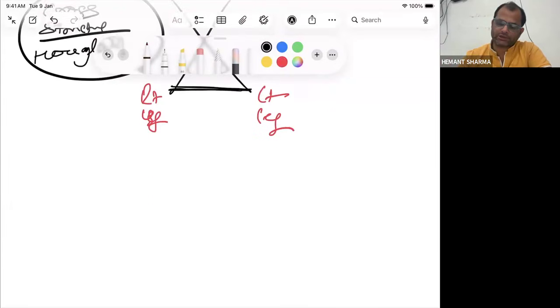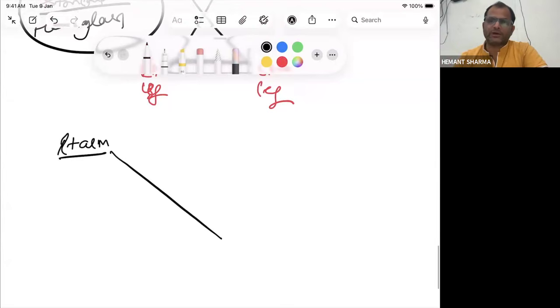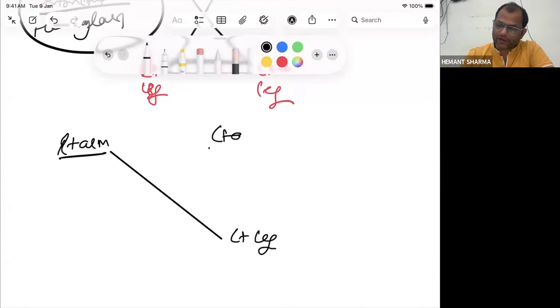Let's try to understand the cross. So here the right arm is having wiring with the left leg. Here the left arm is having wiring with the right leg.